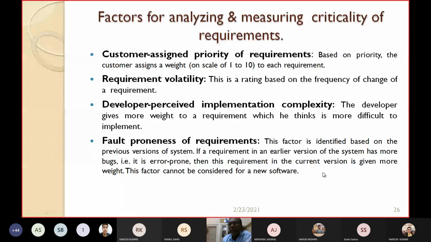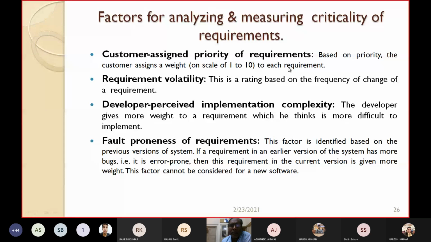Say this is a highly critical requirement, he may give 1. Or just showing the items or books on the screen may be a low priority thing. He may give a low priority. So as its name suggests, customer assigned priority of requirements. Here the customer will give a priority to each requirement.